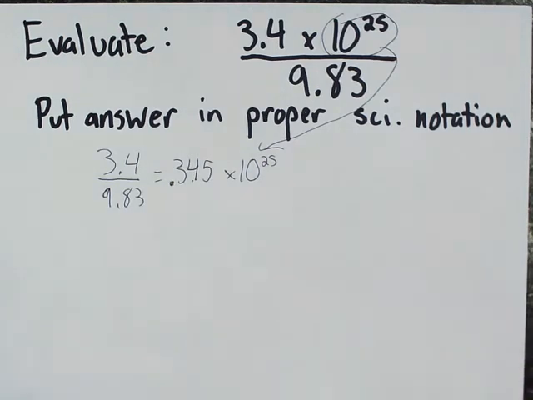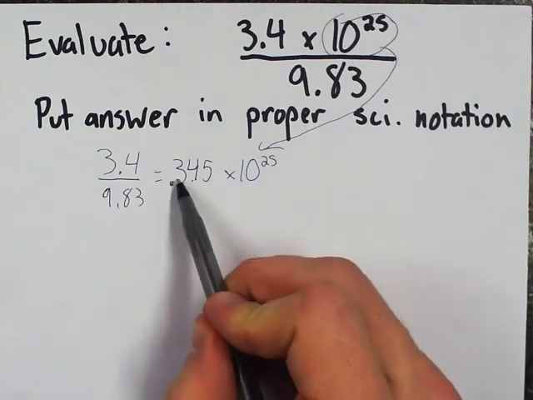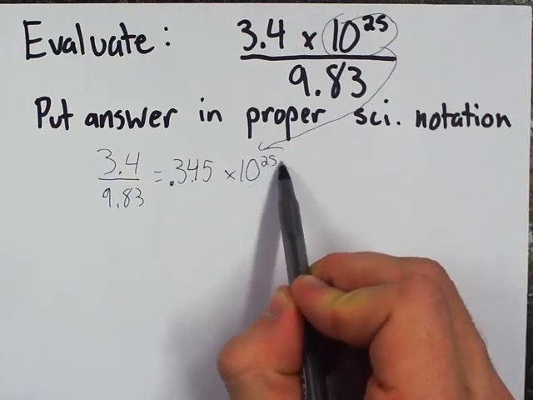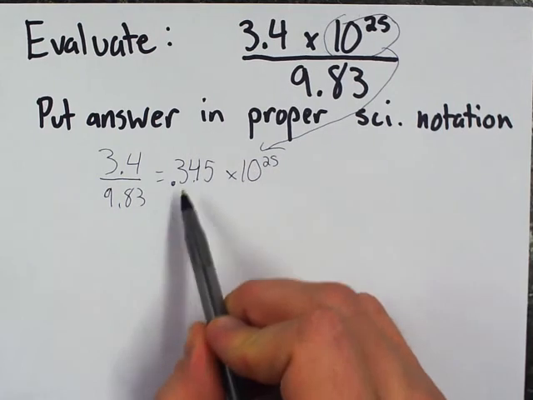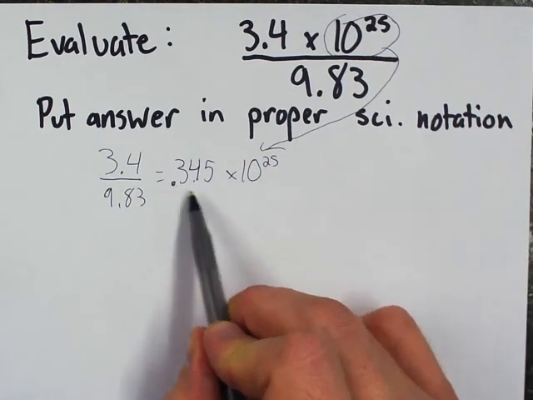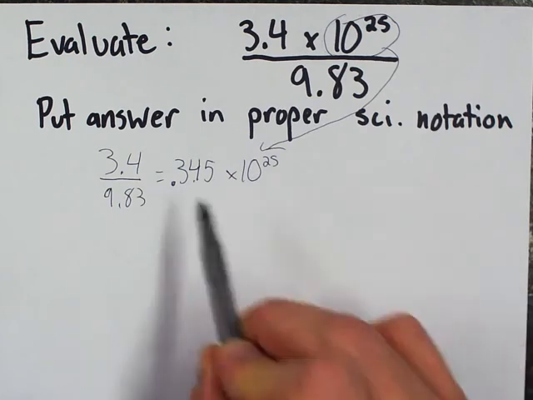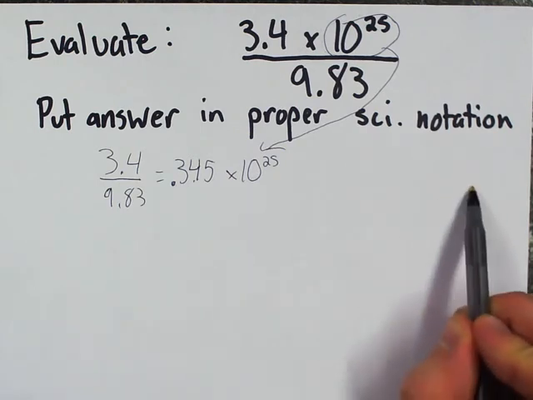Basically what this means is that where this decimal sits right now, in long form, if we were to write this whole number out, it would actually live 25 decimal places to the right. It's got to make a 25 digit spot jump.